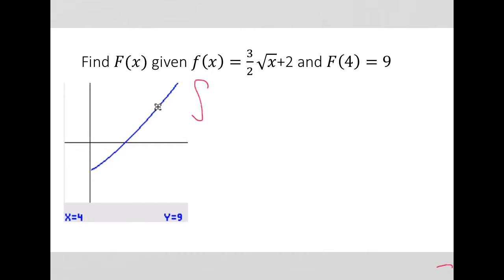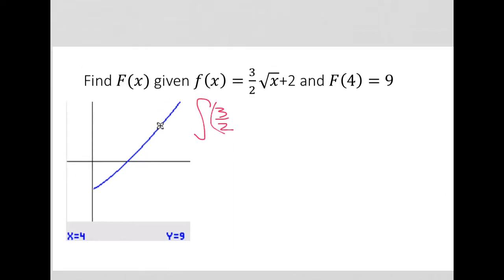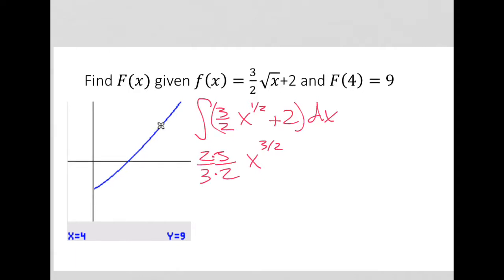So we have a function f of x here. We want to find the antiderivative, big F of x, and so we will integrate 3 over 2 x to the 1/2 plus 2 with respect to x, and so we're going to add 1 to the exponent, x to the 1/2 will become x to the 3/2, add 1 there, and then divide by 3/2, which is the same as multiplying by the reciprocal 2 over 3.